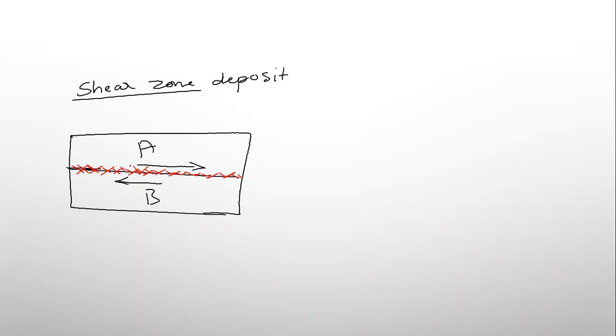Minute thousands of fractures will be generated, and into these fractures the hydrothermal solution will enter after the formation of these cracks. The valuable material will deposit into this particular shear zone. This type of deposits are called shear zone deposits.